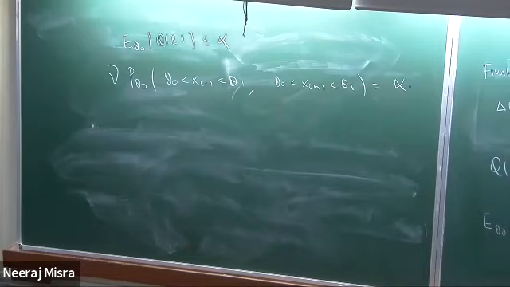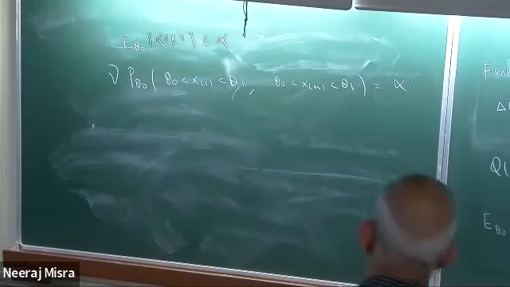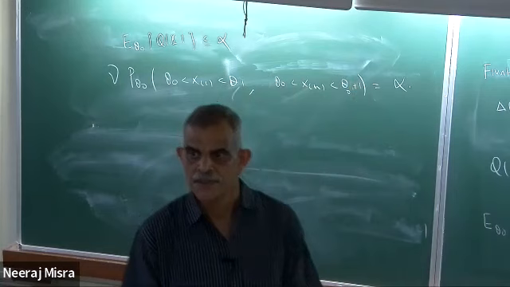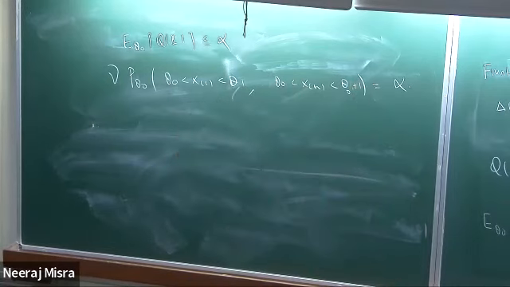Yes, theta naught plus 1. You can calculate this, yes or no? You see, one way is you can find the joint PDF of x1 and xn and you can integrate it. There is no issue in that, right?